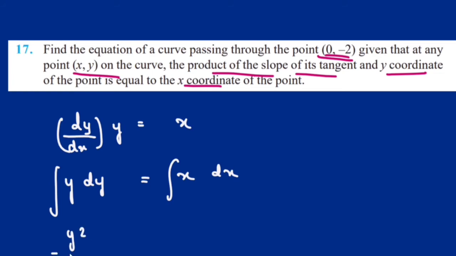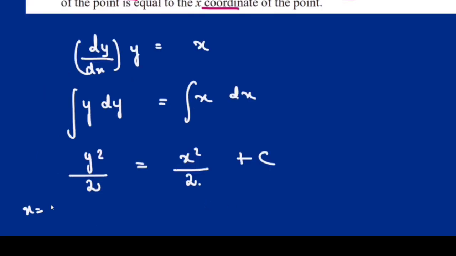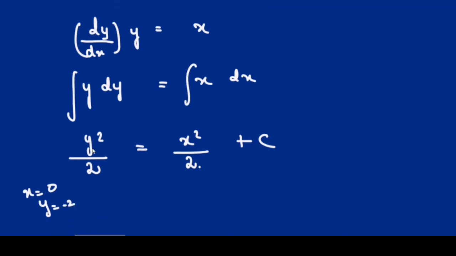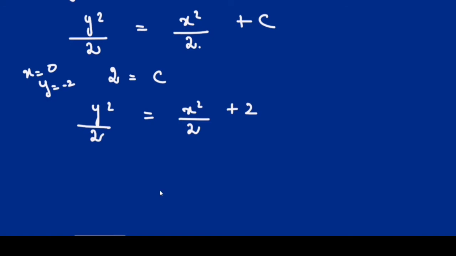So y square by 2 is equal to x square by 2 plus the constant c. Now it is passing through 0 and minus 2. So put x is 0 and y is minus 2. So 2 square is 4, 4 by 2 is 2, c is 2. So we get y square by 2 is x square by 2 plus 2. So that's the answer. And simplify this.